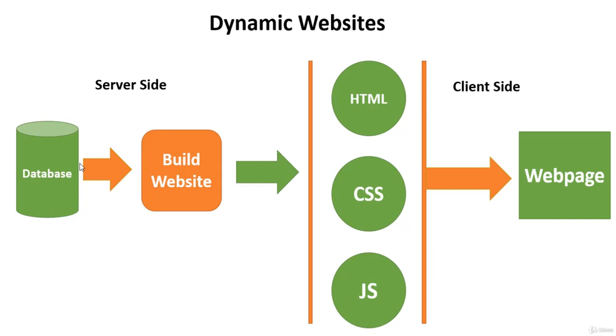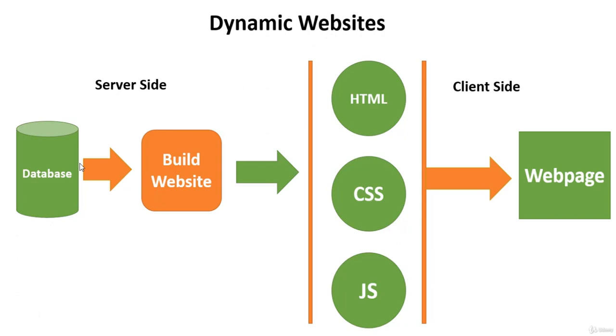In this type of dynamic website, we are rendering or building our web page on the server side. But there is another type of dynamic website in which we render our web page on the front end of the development. That is called the API. API stands for Application Program Interface.